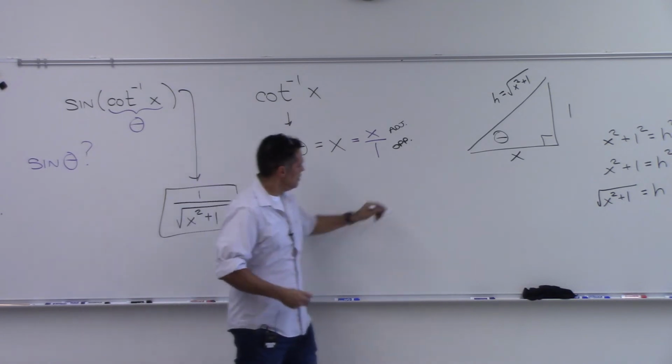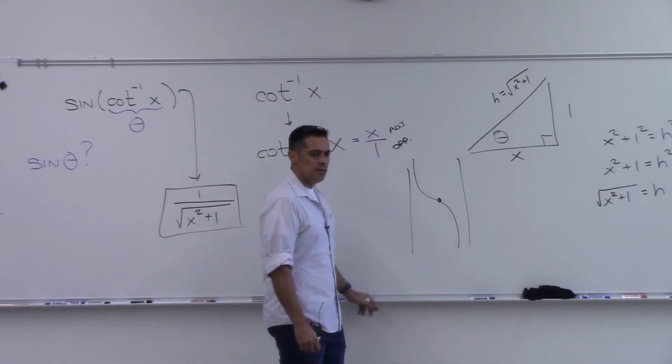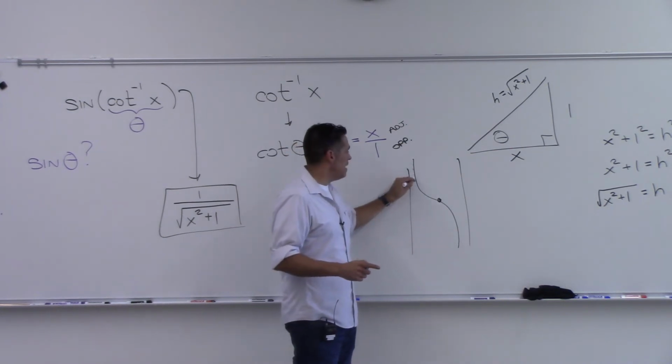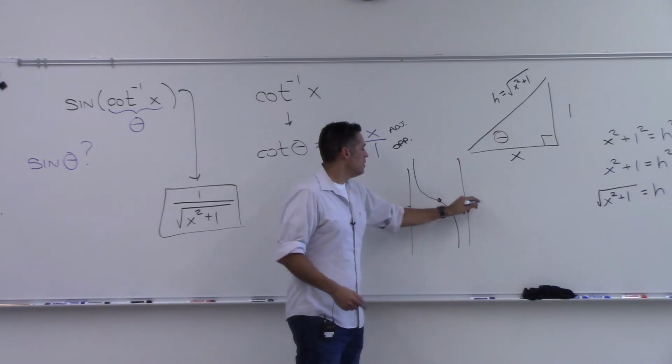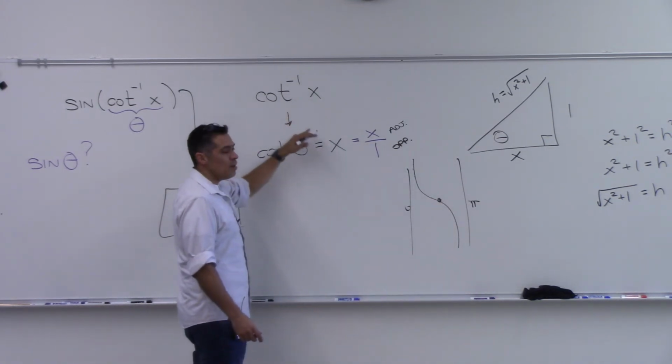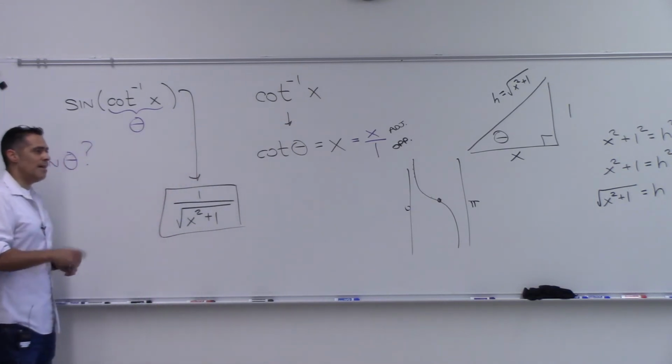Inverse? Think about what cotangent looks like. That's cotangent, right? So the inverse function can take any value and send it back to anywhere between 0 and pi. So for this particular one, there's no domain issues. And for the one we did before, I'd have to look at it again.